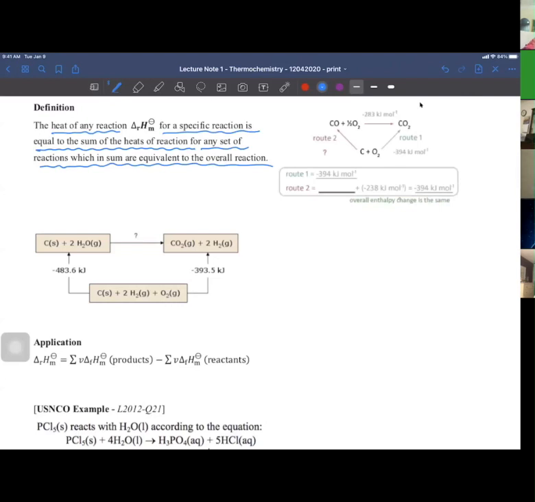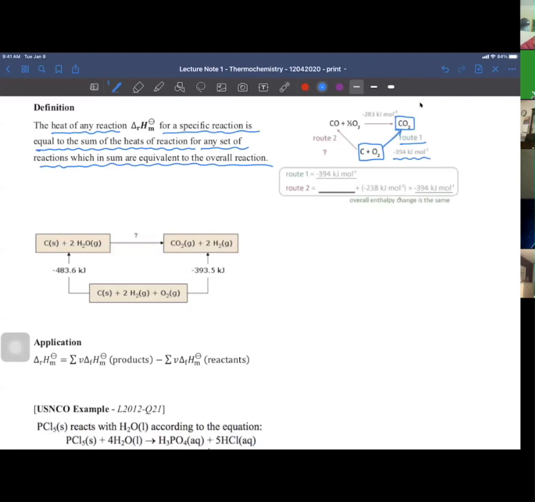So basically, let's say our initial state is here, carbon and O2, and our final state is here, carbon dioxide. We can achieve this goal by using route 1, direct combustion. So we'll get a delta H of negative 394, which makes sense. The combustion is exothermic, right?